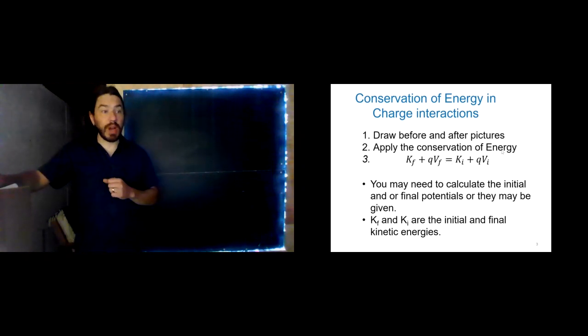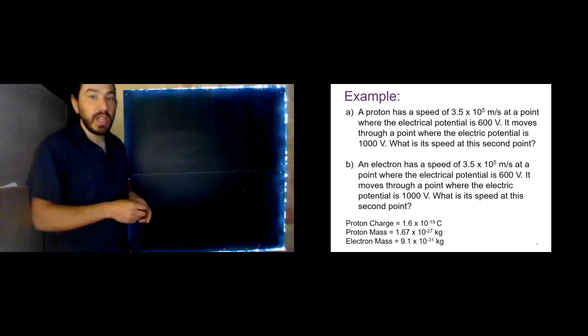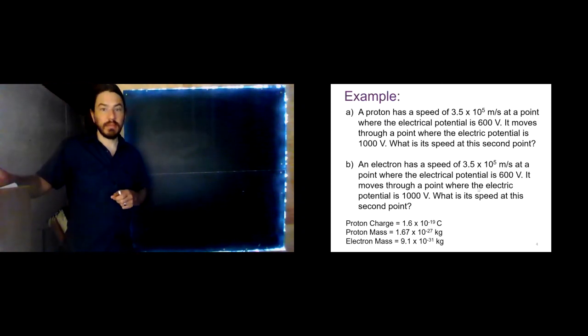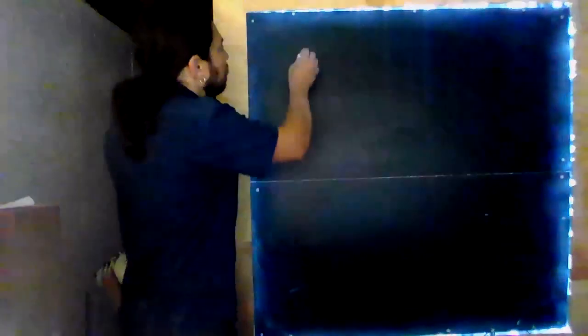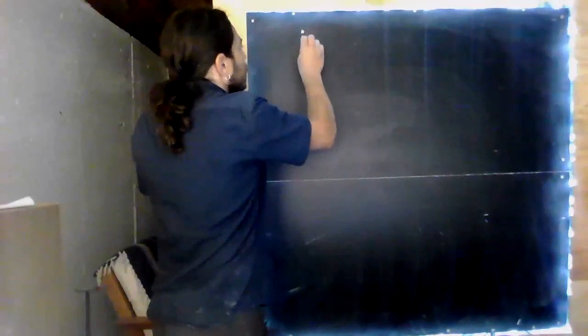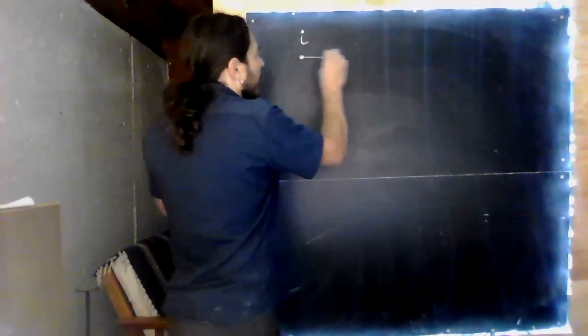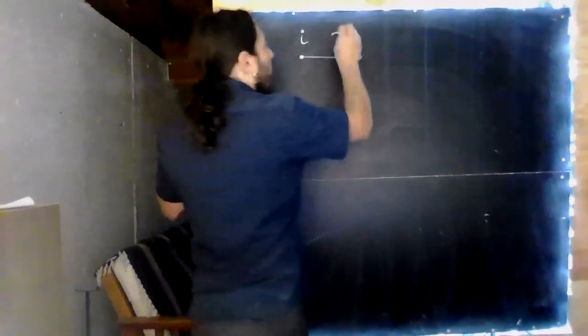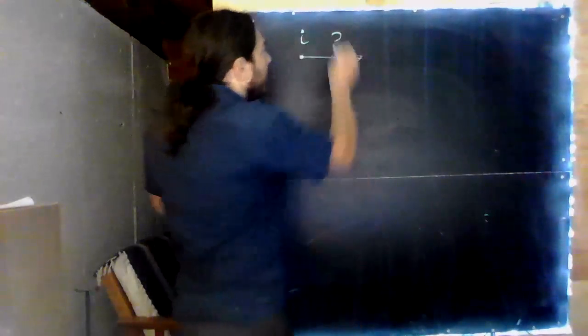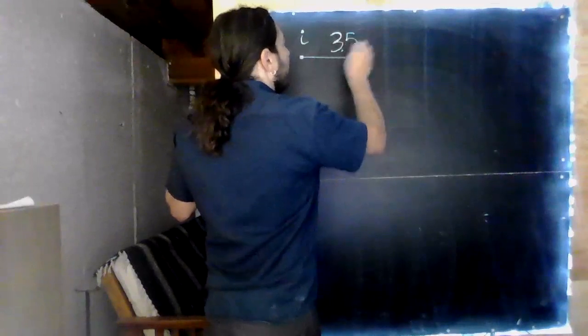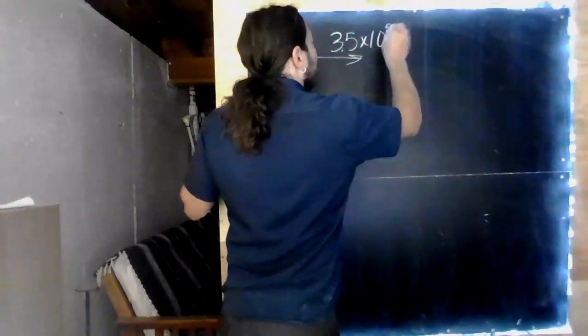But before we do that, we should probably draw a quick before and after picture. So our initial point here, at our initial point, our proton is moving 3.5 times 10 to the 5th meters per second.